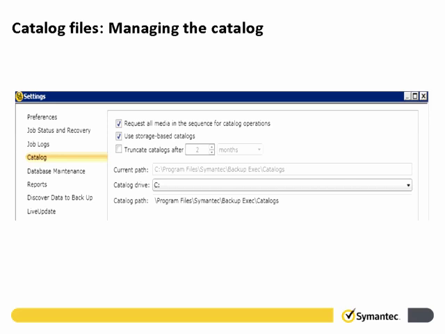Other things that are important on this screen. The top checkbox to request all media for catalog operations is on by default. So what that means is I had a backup that spanned 3 tapes. And I created that backup and then I sent those tapes to you.